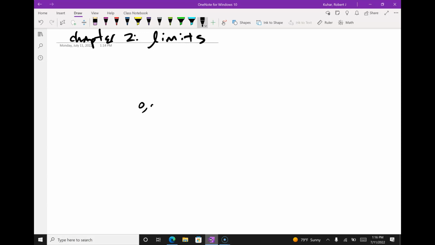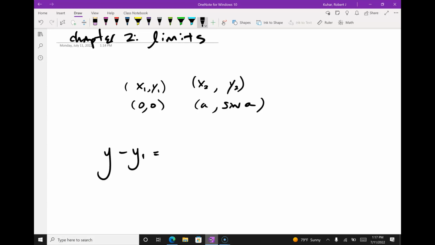So I have 0, 0 as x1, y1. I have a, sine of a as x2, y2, right? To get a line, I need what? y minus y1 equals m times x minus x1, right?